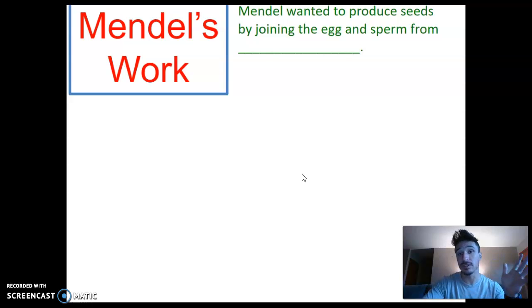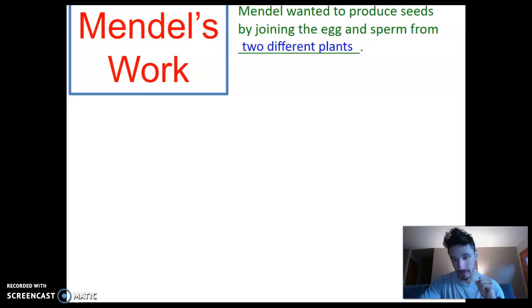Now, Mendel wanted to produce seeds by joining egg and sperm from two different plants. He wanted to see what would happen if plant A sperm cells were mixed with plant B egg cells. What would the resulting offspring look like? They couldn't be identical copies of the parents, because the parents are different to begin with.